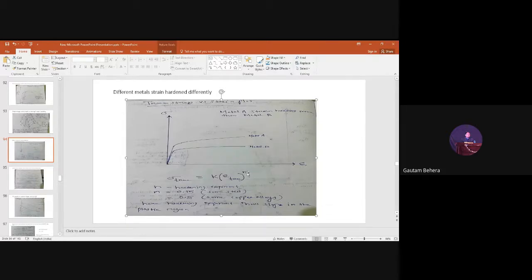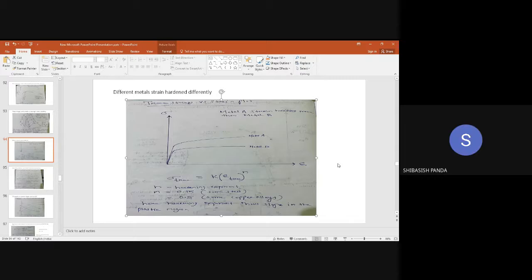And how to determine this hardening exponent? It can be determined if you take a slope in the plastic region. This region, if you take a slope, that slope will give you the hardening exponent. How much is the value of n?